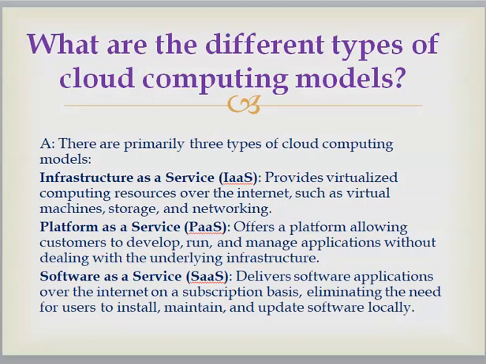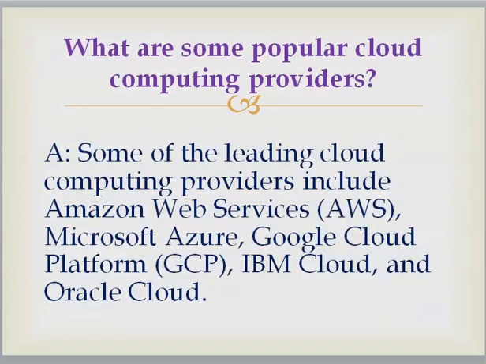Platform as a Service offers a platform allowing customers to develop, run, and manage applications without dealing with the underlying infrastructure. Software as a Service delivers software applications over the internet on a subscription basis, eliminating the need for users to install, maintain, and update software locally.